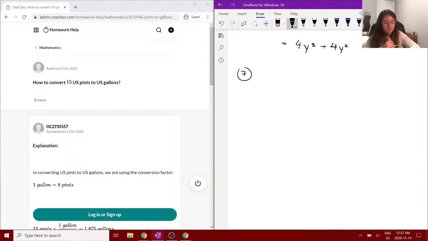Question number 7. So this question asks how to convert. So we have 15 US pints. We want to convert this to gallons. Okay, so we have the conversion factor.